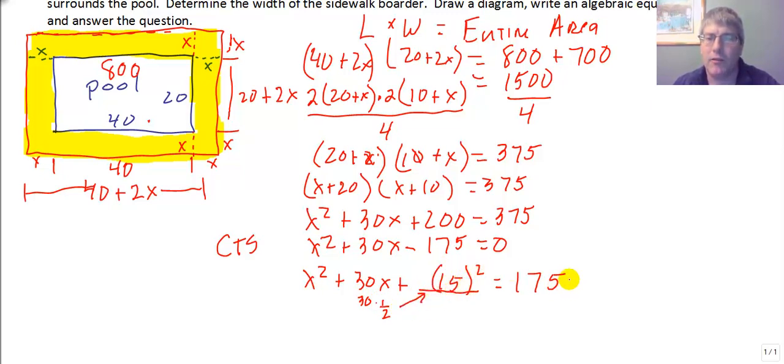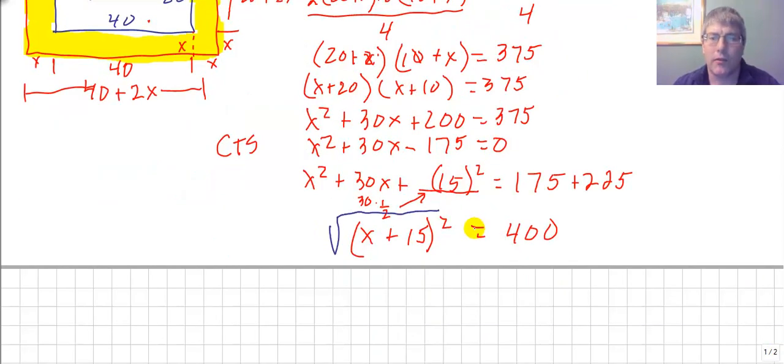That's 15 squared. So I am adding 225 to the other side as well. So my perfect square trinomial becomes x plus 15 squared equals, and 175 plus 225 is 400. I will take the square root of both sides. Get x plus 15 equals plus or minus 20.